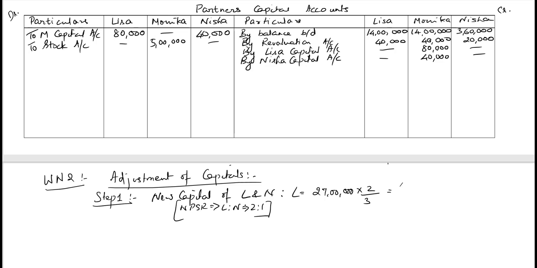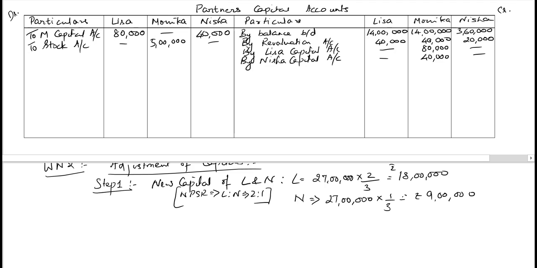This is equal to 18 lakh. And in the case of Nisha, 27 lakh into 1/3, which is equal to rupees 9 lakh. So we've got the new capitals of Lisa and Nisha.